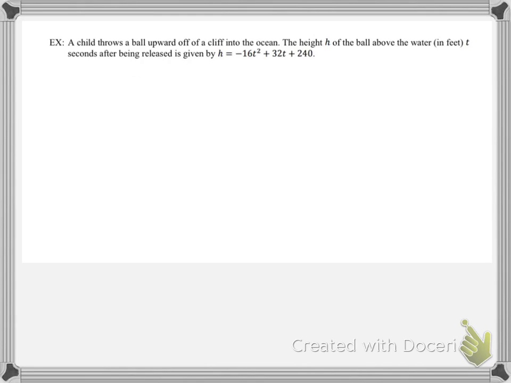So like the simplest question we can ask, which I didn't put on your piece of paper, is something like, how high will the ball be after 1 second? So in a question like this, we identify what our variables represent.